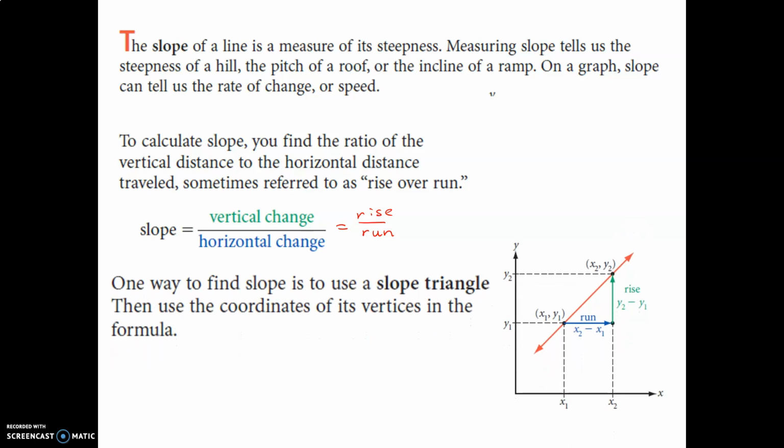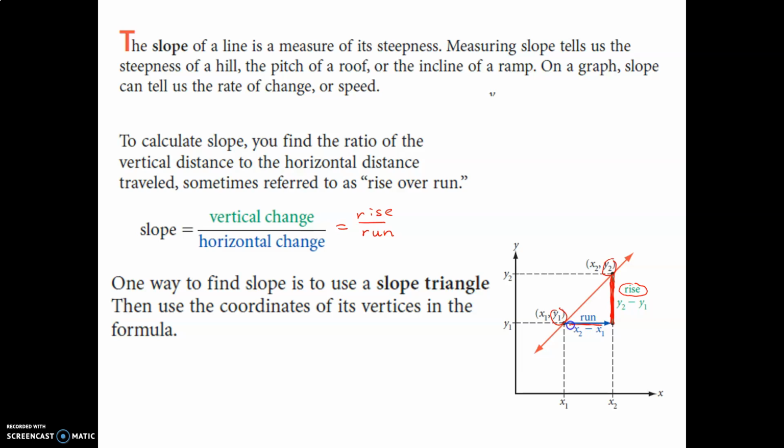One way to look at it is to draw a slope triangle. We have our red line here, and we want to find out what the slope is. It's going to be the rise over the run. Here's the rise. The rise is the difference in the two y values: this y value minus this y value, so y sub 2 minus y sub 1.